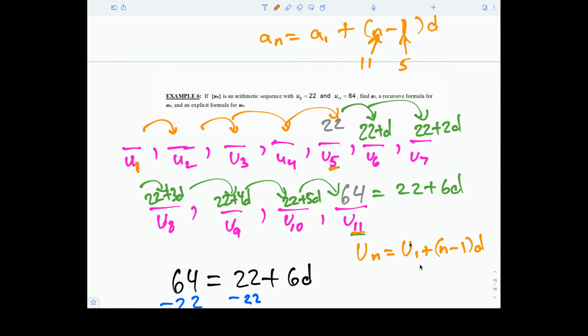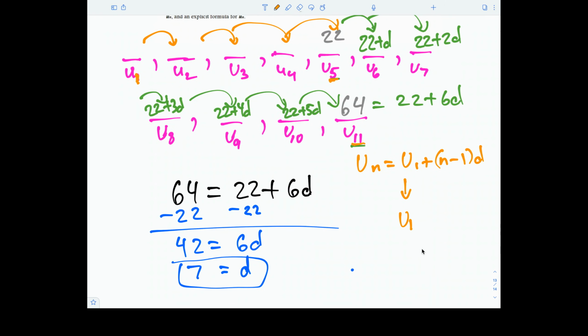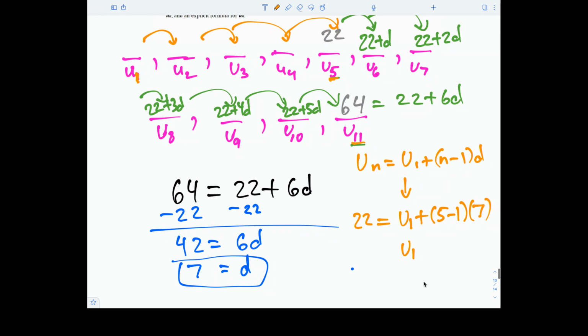Okay, u1 is still u1, because I don't know what that is. We're looking for the 5th term. We figured out the difference to be 7, and we know the 5th term is 22. So we just solve: u1 plus 4 times 7 equals 22.